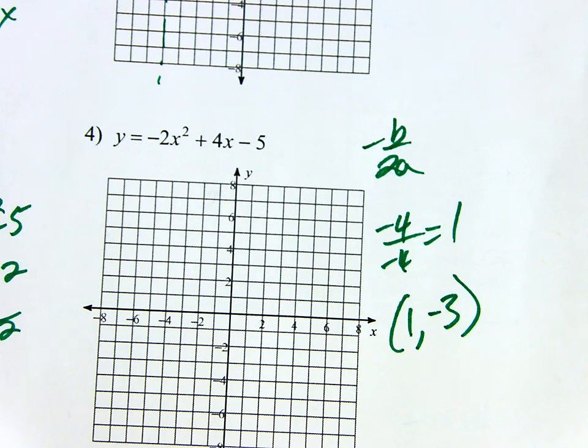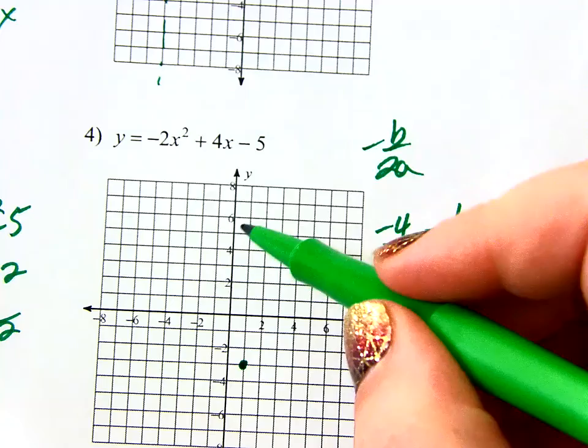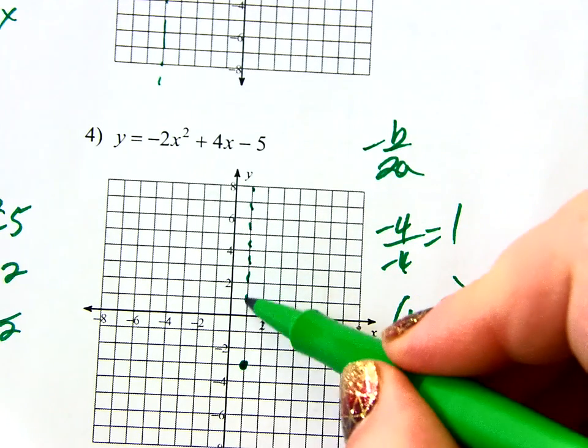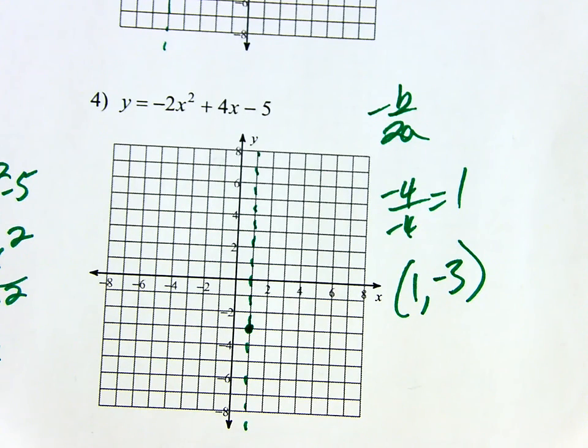Don't look up at my paper until you've found the vertex yourself. Are we all in agreement? What's the equation of your axis of symmetry?